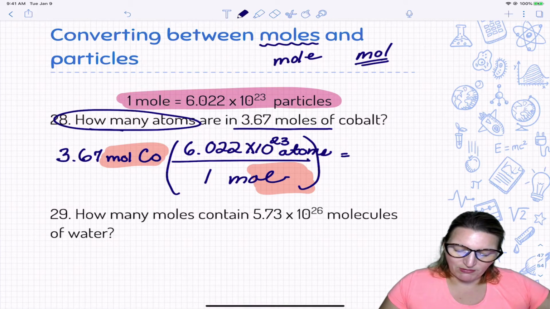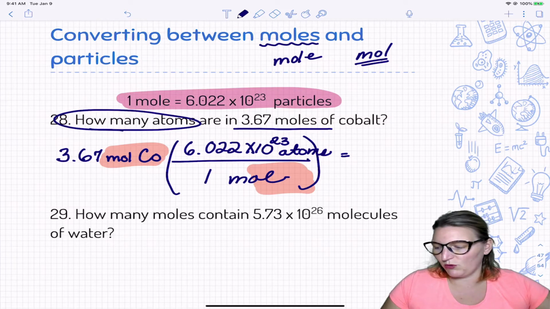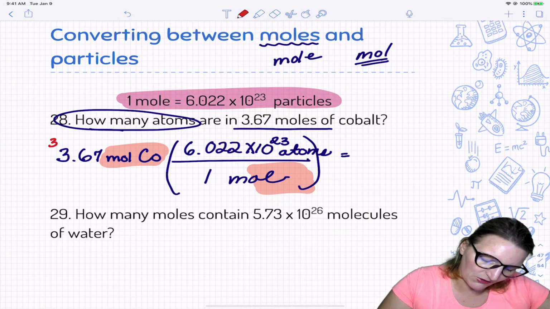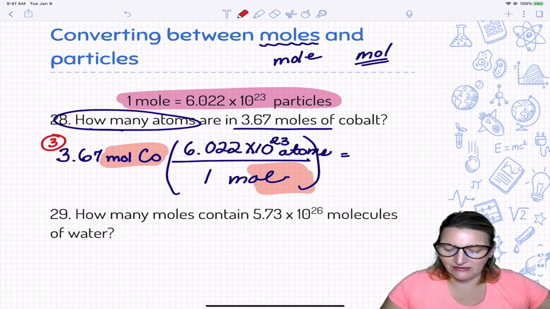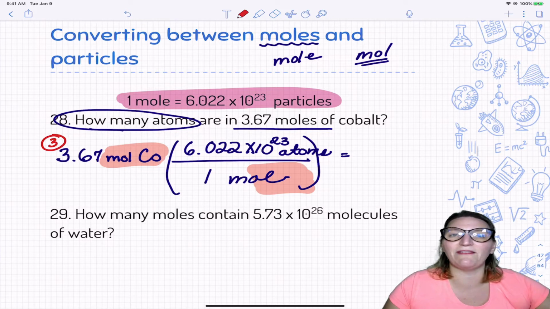Now, this is what I plug into my calculator, 3.67 times 6.022 times 10 to the 23rd. And how many significant figures should my answer have? Well, this number has 3. Avogadro's number will not limit the significant figures because if you look up in a textbook, you can find Avogadro's number to 7, 8, 9, 10, 20 decimal places.